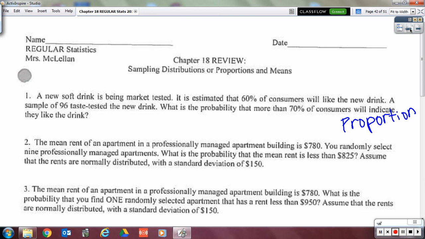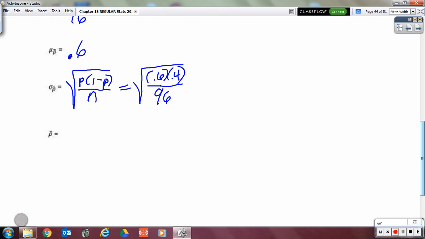It says, what is the probability that more than 70% of consumers? That is your p hat. And which direction are we going? More than. So I want p hat greater than 0.7. So here I'm going to fill in my 0.7, and I'm finding the probability that my p hat is greater than 0.7. Then you go work that problem with your z-scores and everything.